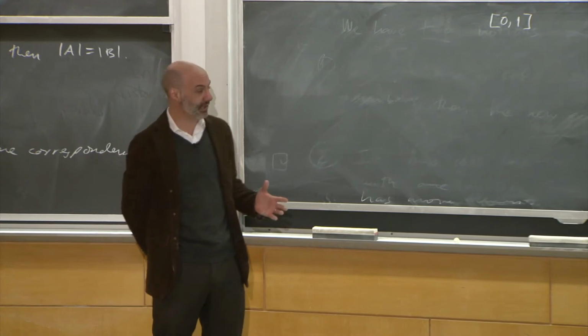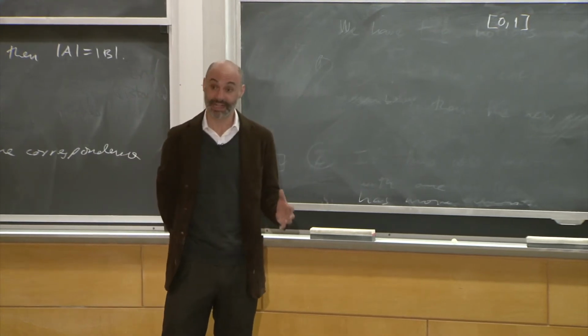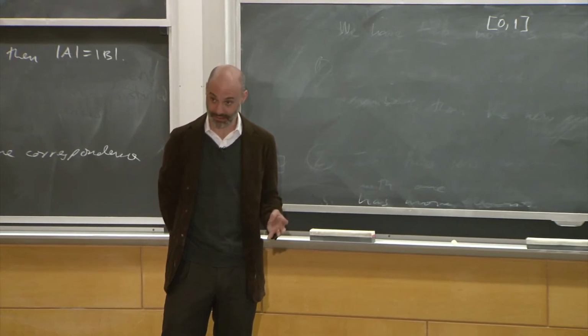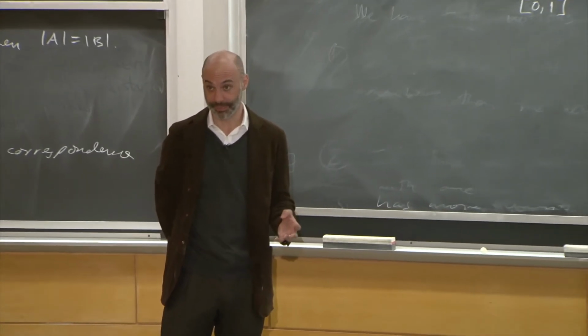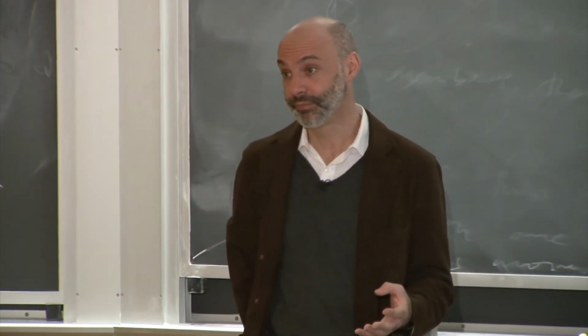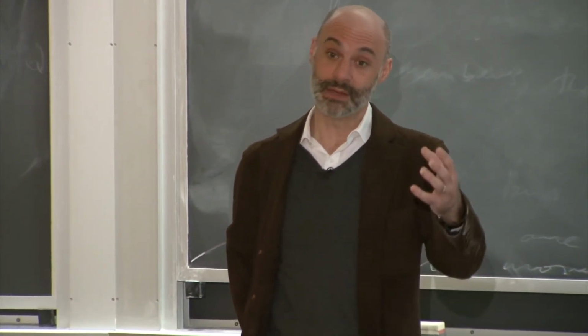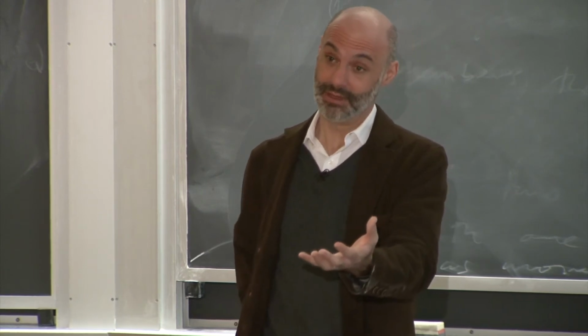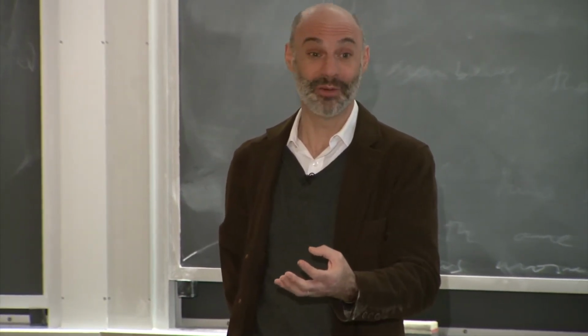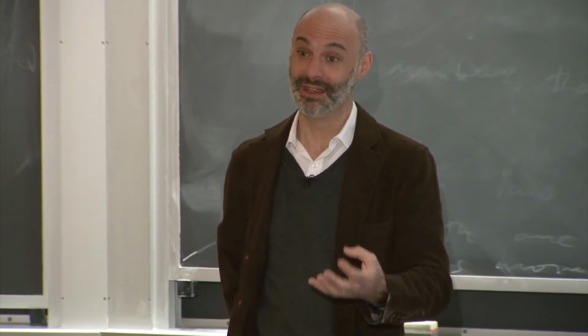And the way I'm going to do it is I'm going to proceed by reductio. So I'm going to assume the opposite of what I want to prove, and I'm going to show that you can prove a contradiction from that assumption. If that assumption leads to a contradiction, it can't be right. So the opposite of what I want to prove can't be right, so what I want to prove has got to be correct.